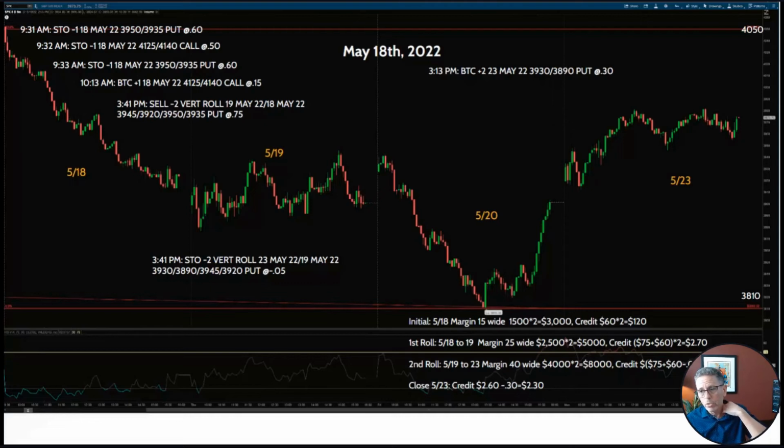All right. So now the market could have kept going down. It could have, right? And I would have had to add additional margin. And so that's why you need to have that margin in your account to be able to manage these trades, or else you're toast. Okay. And it works.